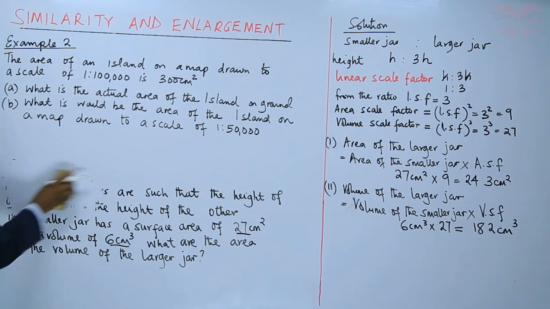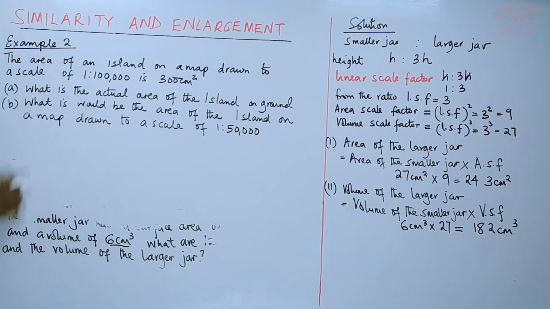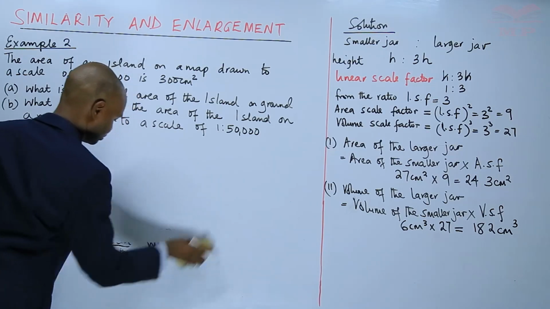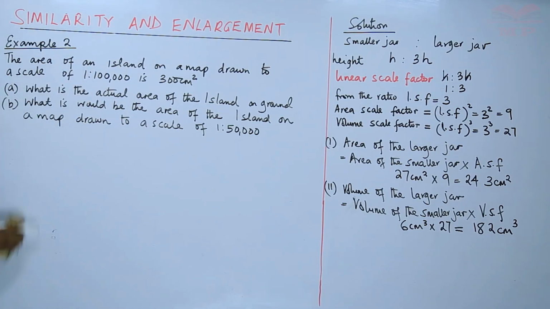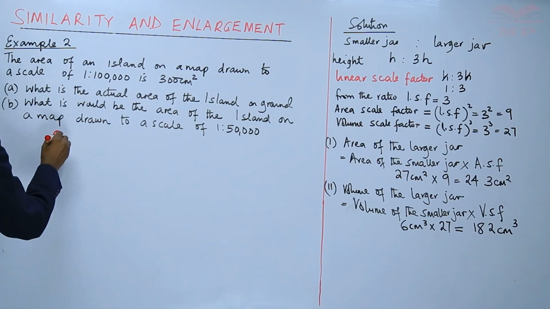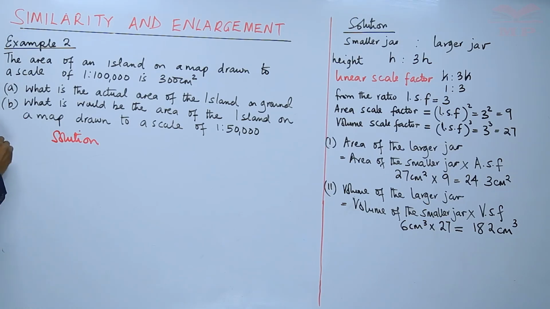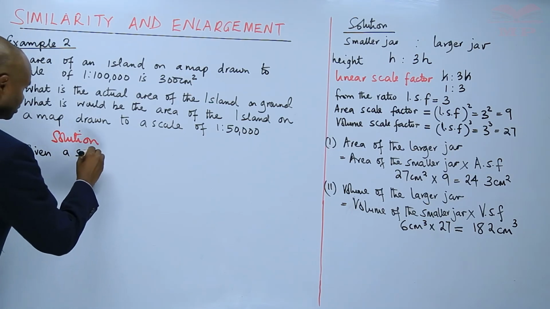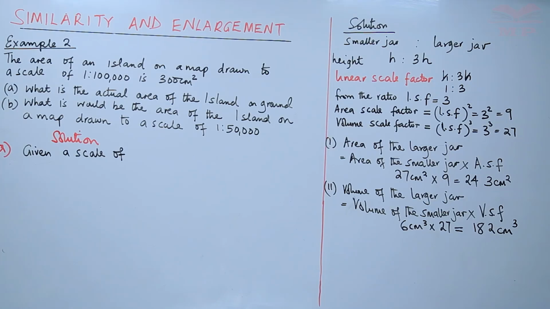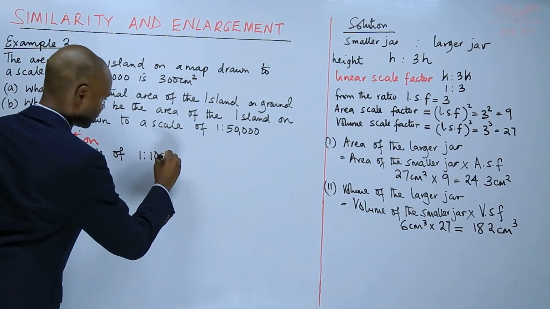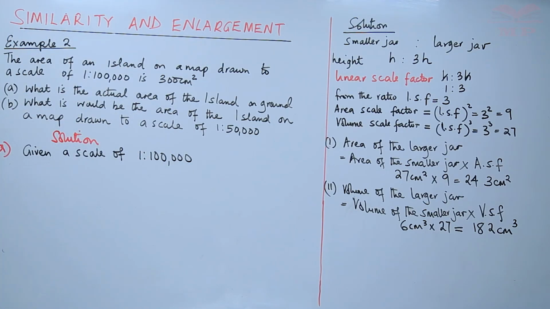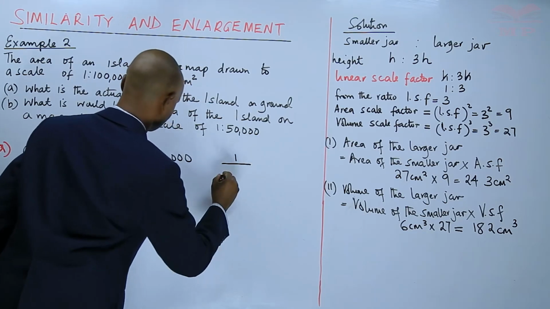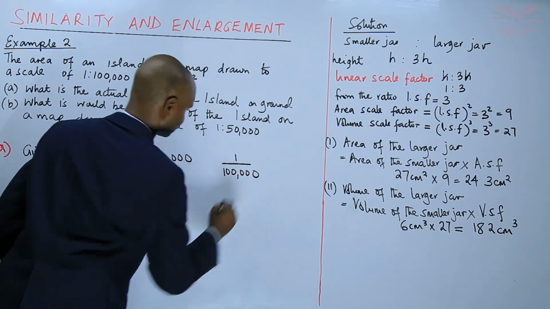So we move to the solution, and we start with A. Given a scale of 1 is to 100,000, some people would write it as a representative fraction of 1 over 100,000.